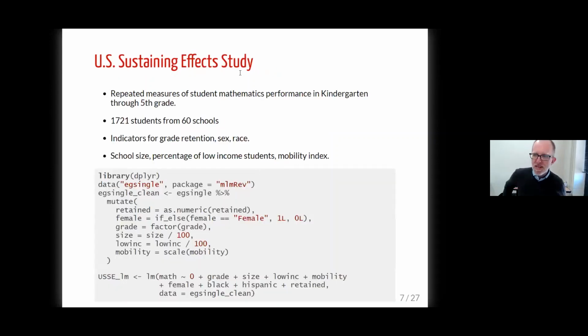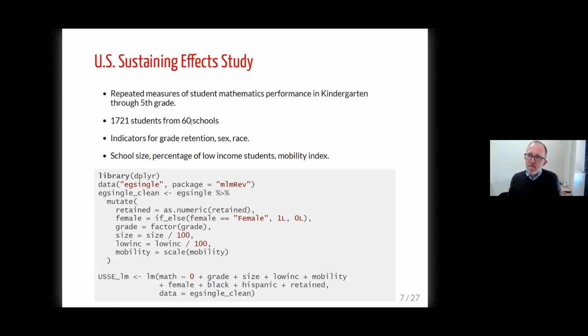So let me give you an example of how you can do this with the clubSandwich package. I'm going to use a textbook data set. It's got repeated measures of students' mathematics performance, and it tracked students over time from kindergarten through 5th grade. It's a big data set, with about 1,700 observations, but the observations are sampled from kids that are nested within schools.